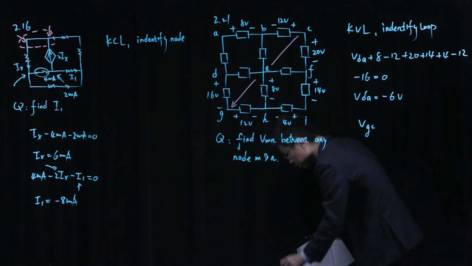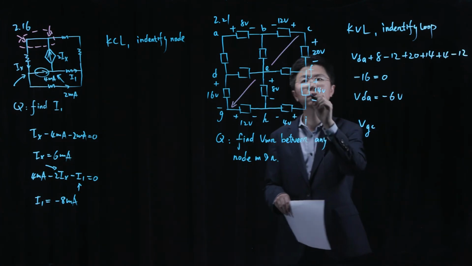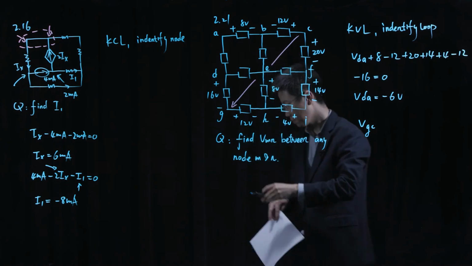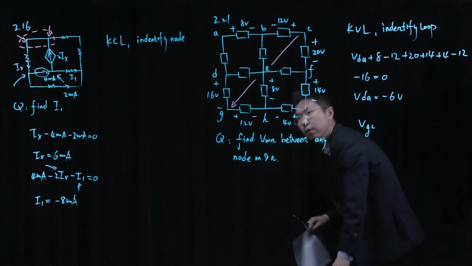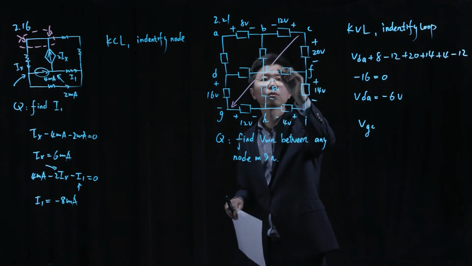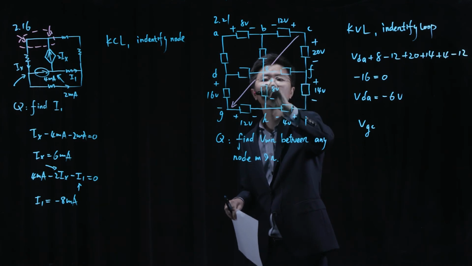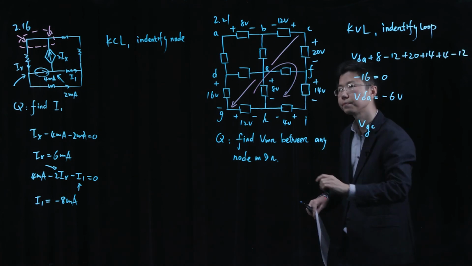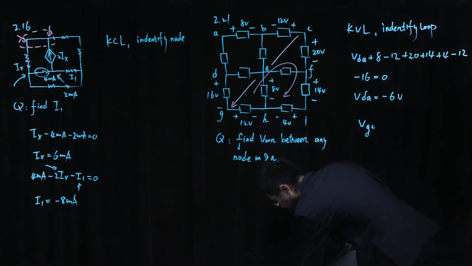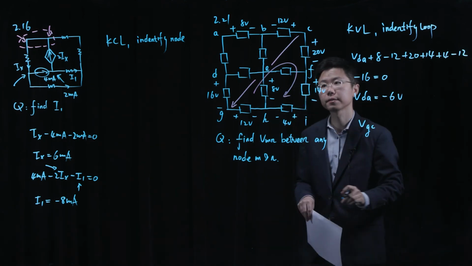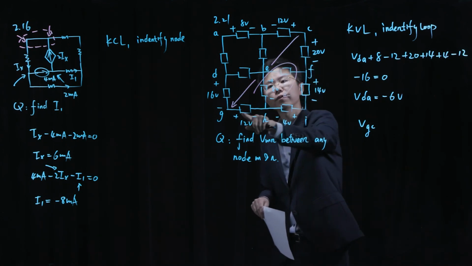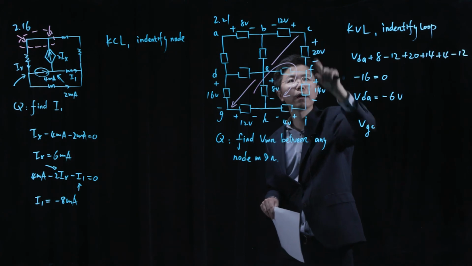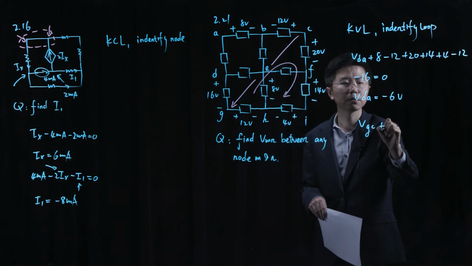Here, we're going to assume our reference direction is still the clockwise direction. So assuming we examine this loop this way, clockwise, what we have is VGC, G being the positive terminal, coming to this element here, we have positive 20.